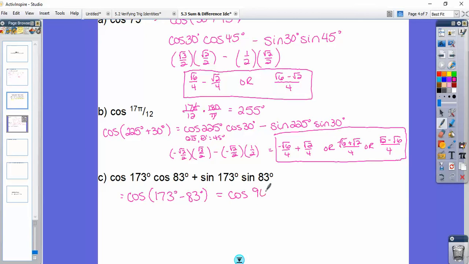Simplify, 173 minus 83 is 90. Cosine of 90 is 0. So final answer there is 0.